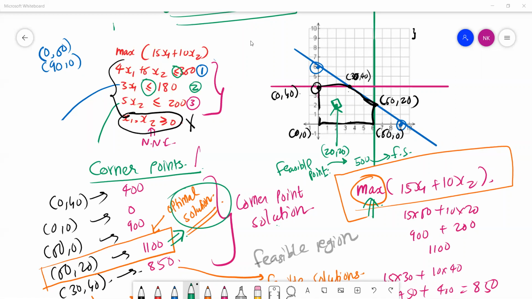Okay. Karan was asking, sir, is it possible that we may get the best optimal solution inside the feasible region but not at corner points? It is a very good question. This is a really good question from Karan, and I would like to give him one bonus mark. The same thing which I did in the previous semester also. You may not know that I was noting down the bonus points.